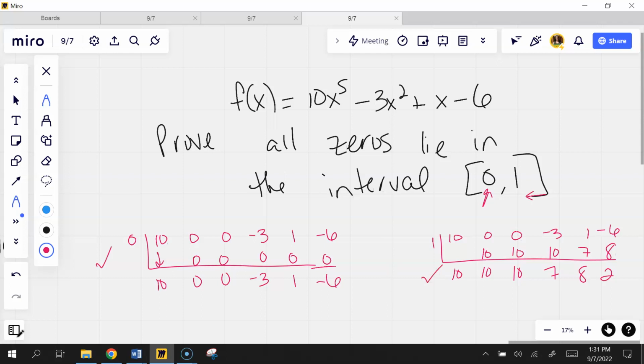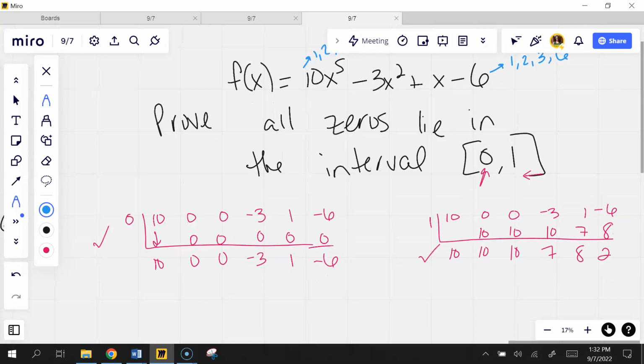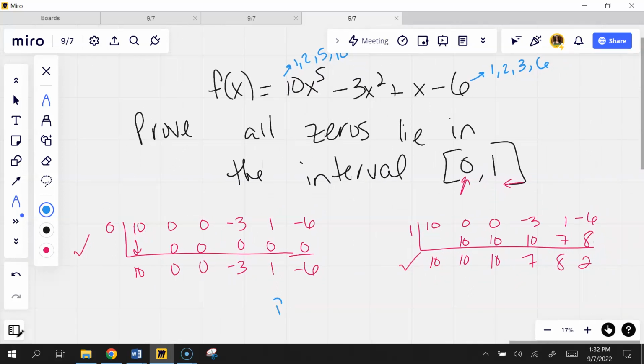So how does this help me with PRZs, and how does this even tie into PRZs? Well, for this one especially, if I listed out my PRZs here, what are the factors of 6? 1, 2, 3, 6. What are the factors of 10? 1, 2. So let's list the PRZs. PRZs would be 1, 2, 3, 6.